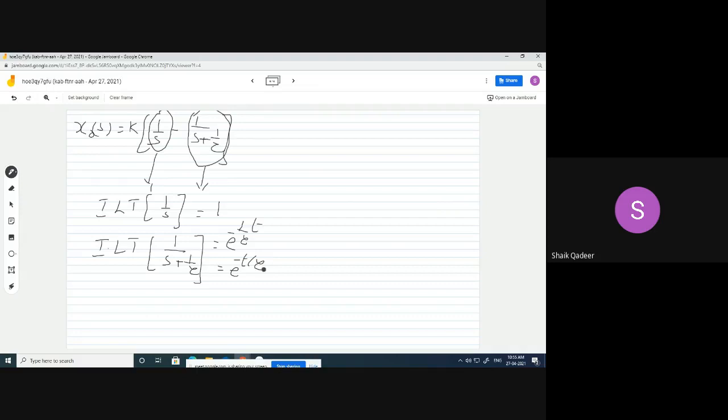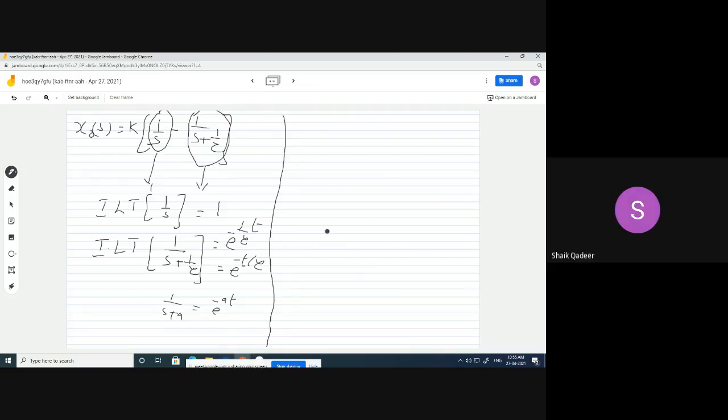Is it clear to everybody? 1 by s plus a is written as e to the power minus at. The value of a is 1 by tau. That's why I am writing like this. Is it clear to everybody?